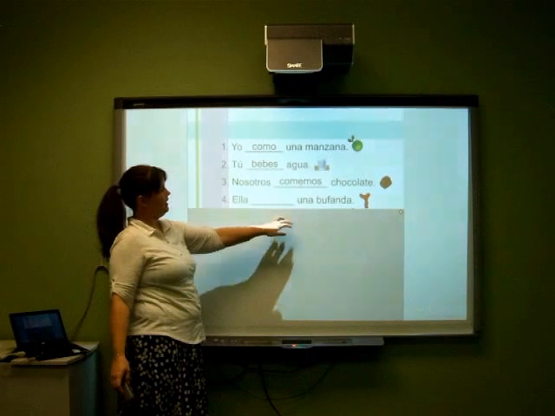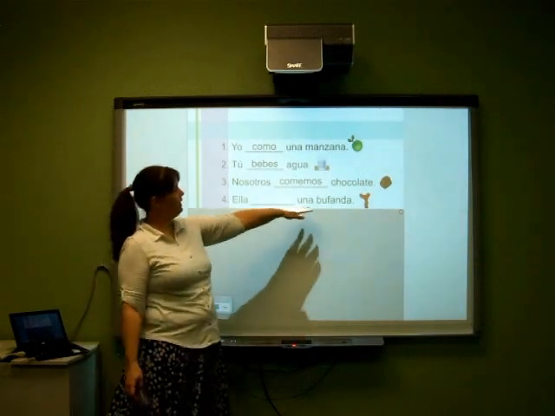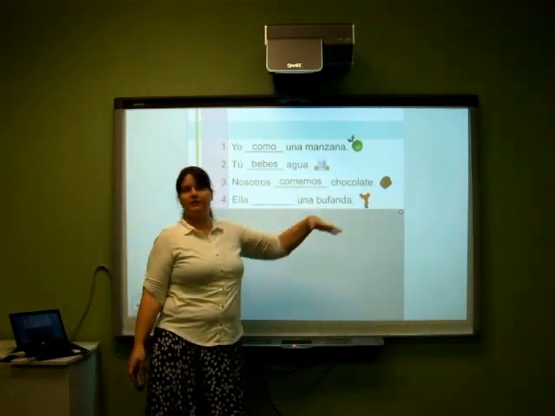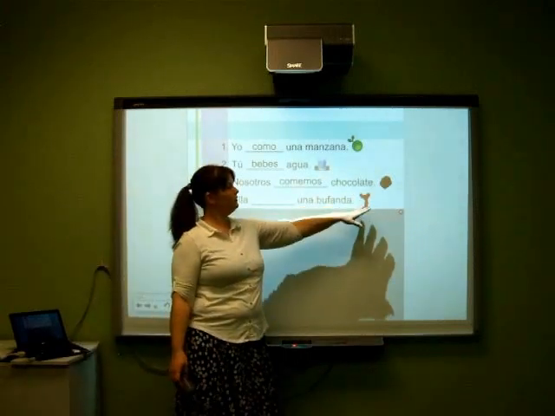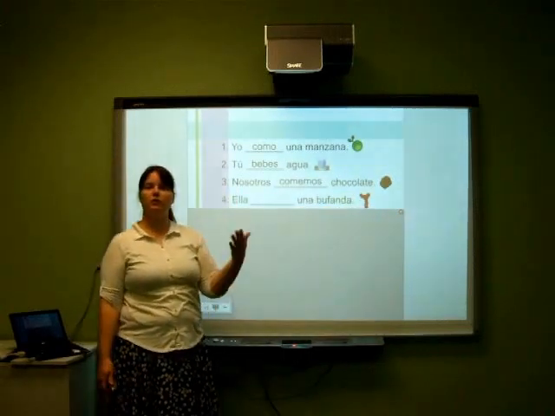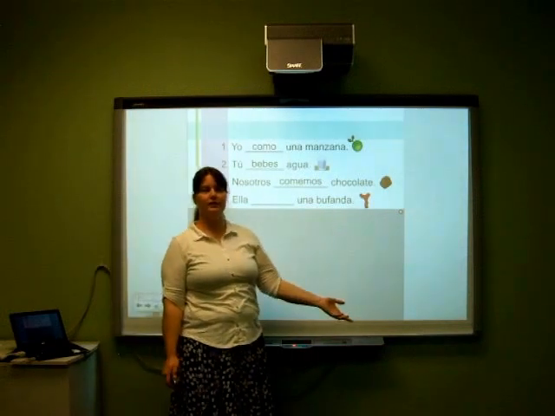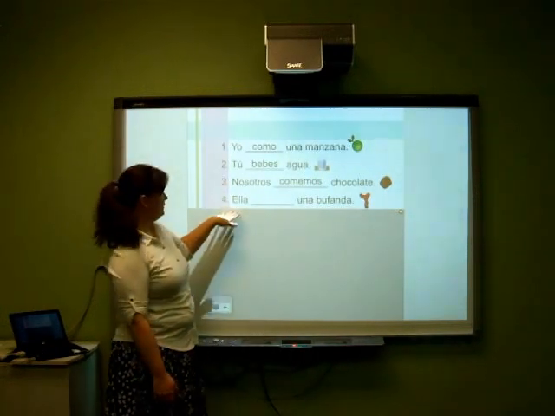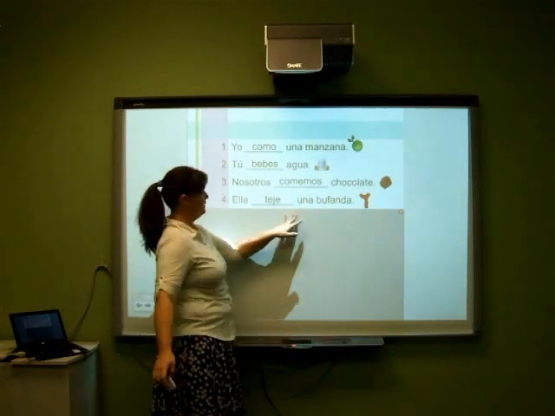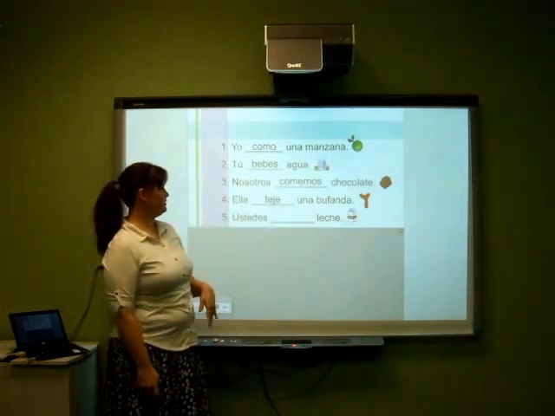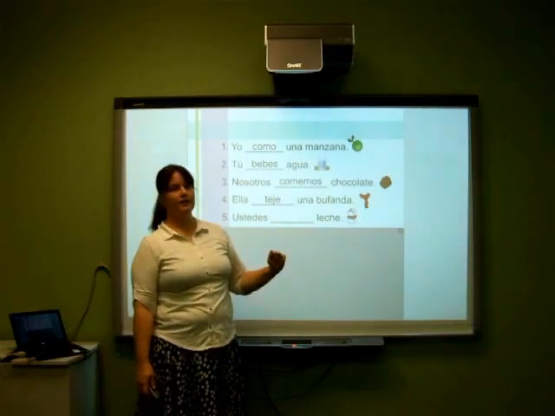How about ella una bufanda. A bufanda is a scarf. Remember the three verbs that we used? Comer, beber, tejer. Ella teje una bufanda. Very good. What about ustedes leche?